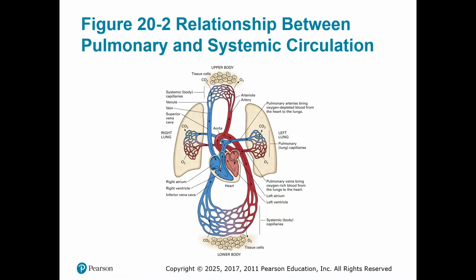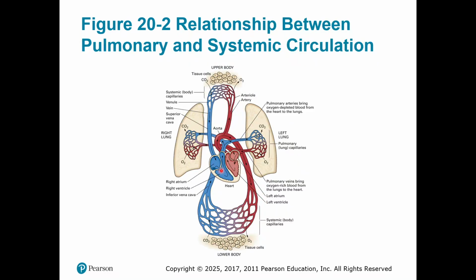So the relationship between the pulmonary and systemic circulation, right? We talk a lot about it, but it's important. Here we have blood coming in from the inferior vena cava, up here the superior vena cava, coming into the right atrium, right? And we all know how it works.